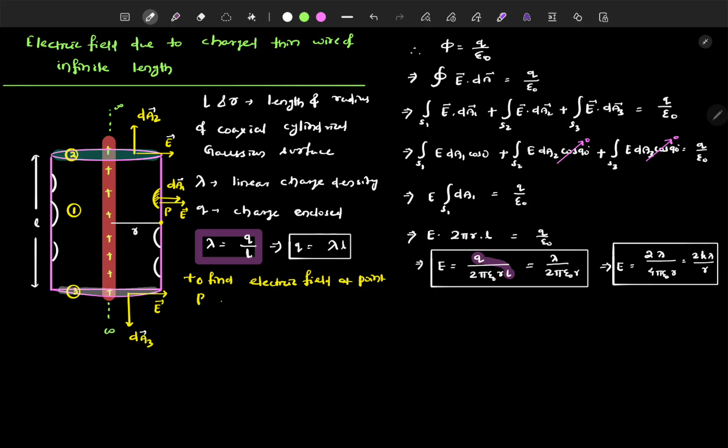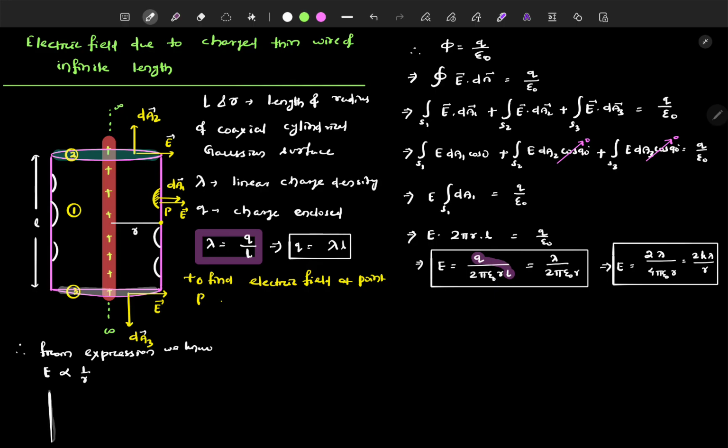So from this expression we came to know that E is proportional to 1 by r.